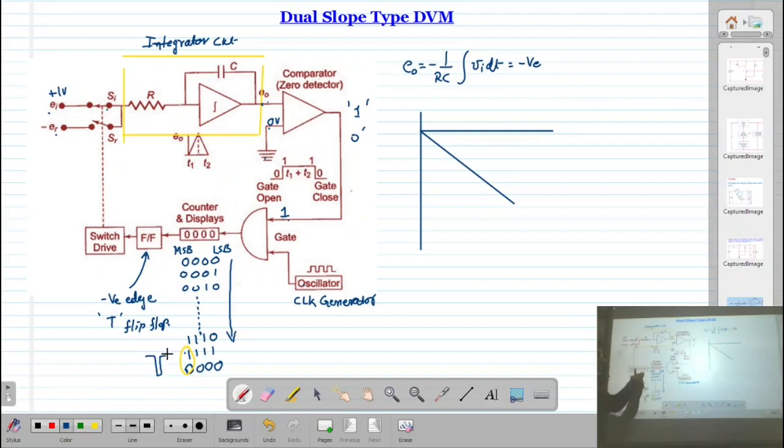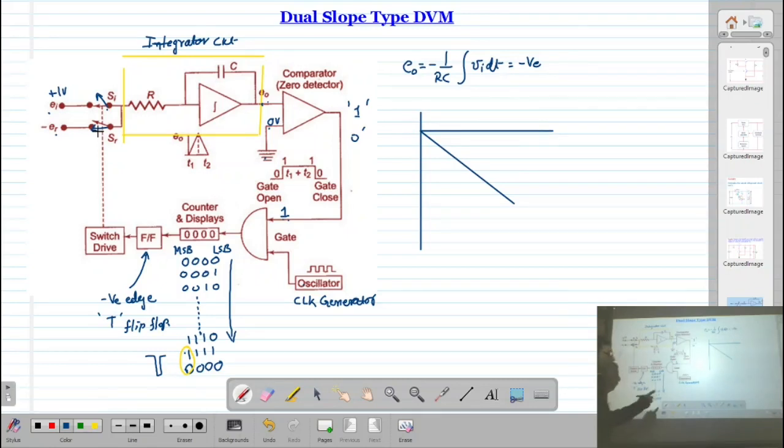Whenever the negative edge comes, the flip flop is going to get toggled, and due to this toggling, this switch is now going to be open, and this switch is going to be closed. Remember.